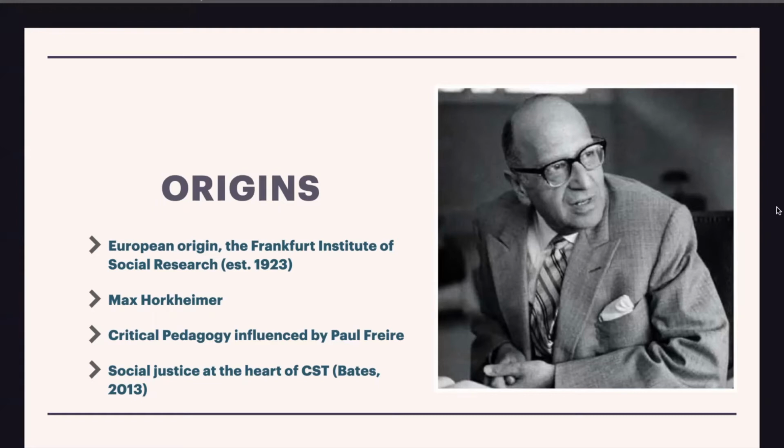He became influential in his reinterpretation and critique of Marxism. And there was another theorist, Paulo Freire, and he became widely known for his application into education and specifically into progressive education. And another key concept that originated from this theory was that social justice lies at the heart of critical social theory.